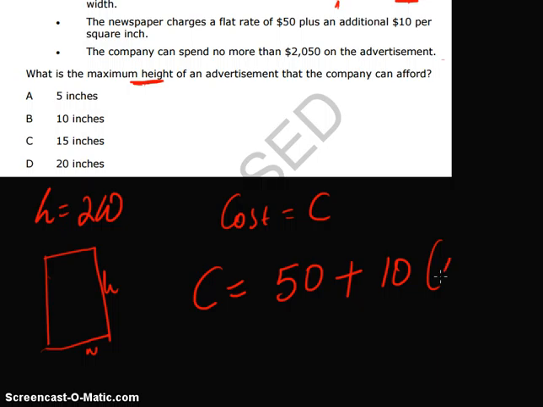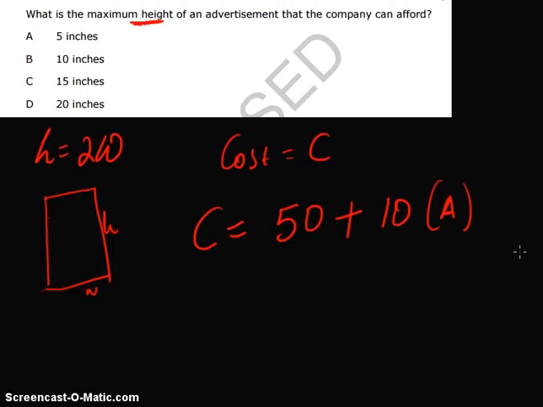So this is what I'm talking about, area in square inches, $10 per square inch. If the area is 1, they pay $60. If the area is 2, 2 times 10 would be 20, and 20 plus 50 would be 70. So the area depends on the size of the advertisement, which in this case is base times width.